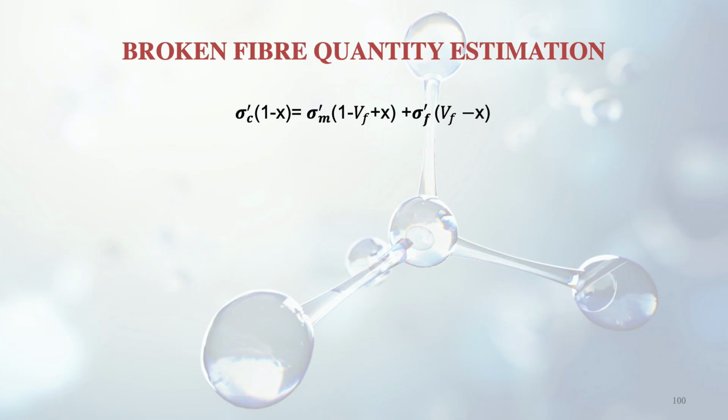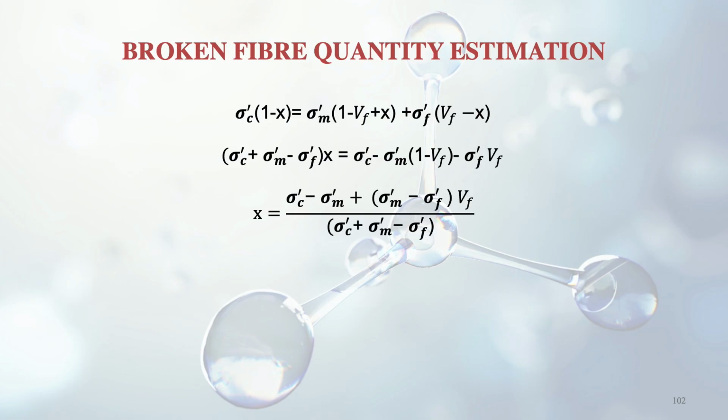And rearranging this, we get sigma C dash plus sigma M dash minus sigma F dash, into X, is equal to sigma C dash minus sigma M dash into 1 minus VF plus sigma F dash into VF. And finally we get the fraction X is equal to sigma C dash minus sigma M dash plus sigma M dash minus sigma F dash into VF, whole divided by sigma C dash plus sigma M dash minus sigma F dash.